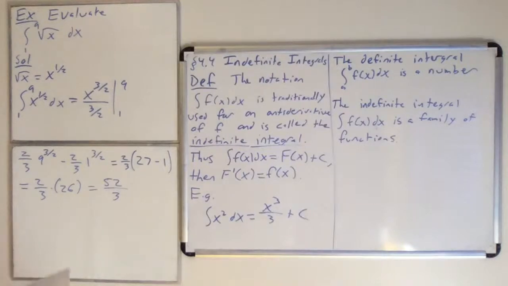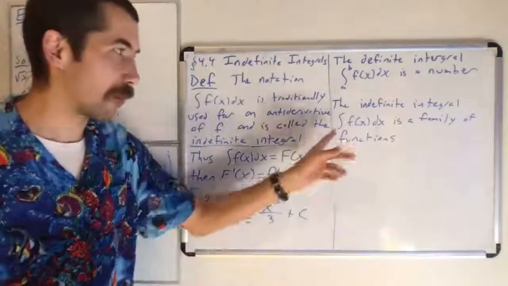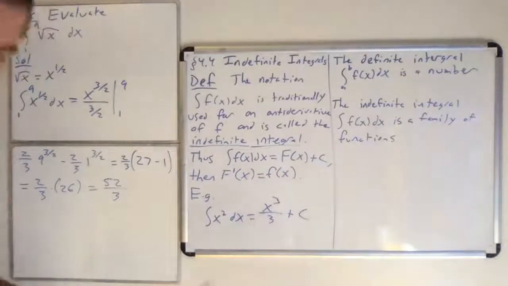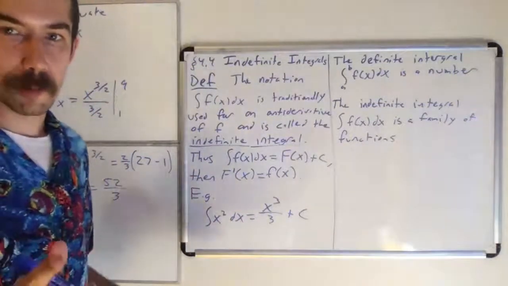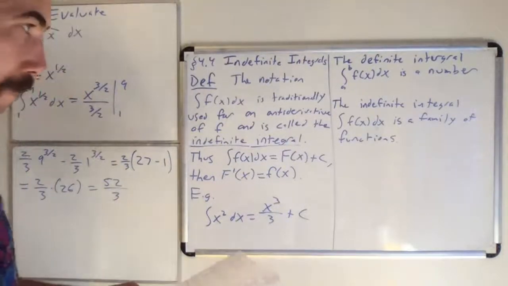Okay, so now let's list out the table of antiderivatives that we wrote a few classes ago. Let's rewrite it in terms of the indefinite integral notation, and then we can look at an example. I know we have a quiz in 12 minutes, but we should still be able to get an example out.